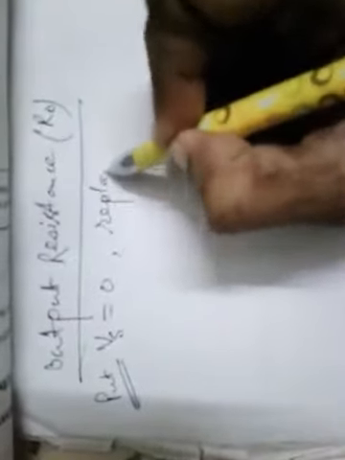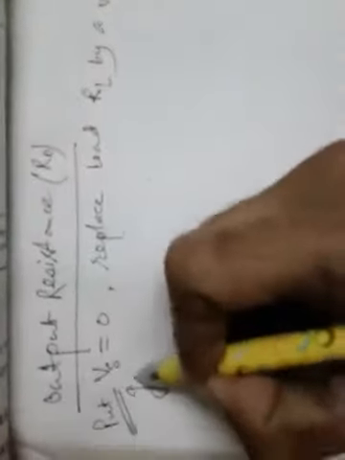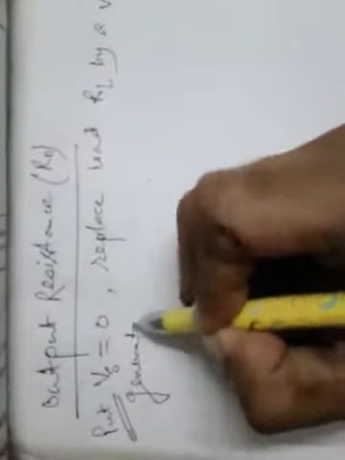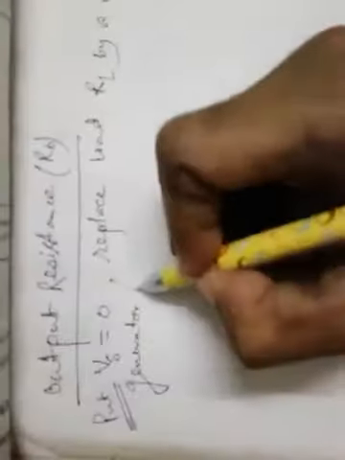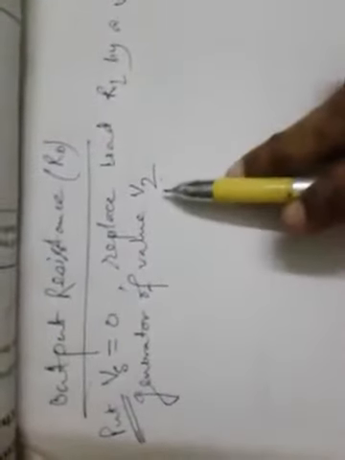Replace load RL by a voltage generator. At the output side, replace load RL by a voltage generator of value, say V2, because at the output port we are measuring the voltage as V2.